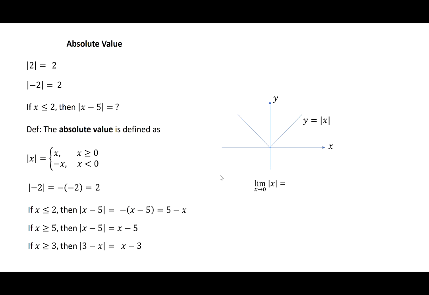When you see the graph, it's fairly straightforward to figure out, right? As x is approaching 0 from the right, the y values are approaching 0. As x approaches 0 from the left, the y values are approaching 0. So, clearly 0.